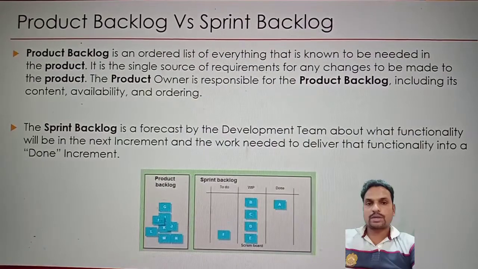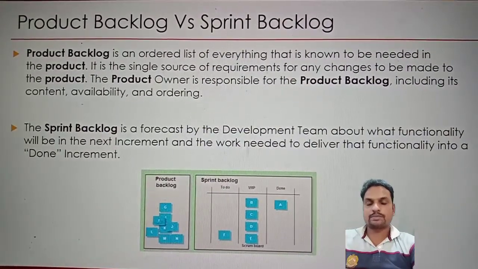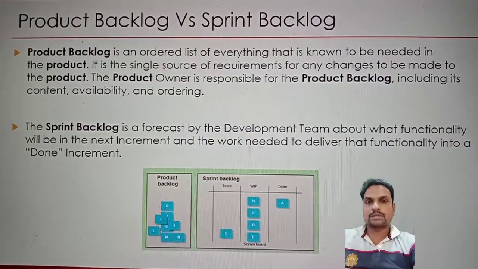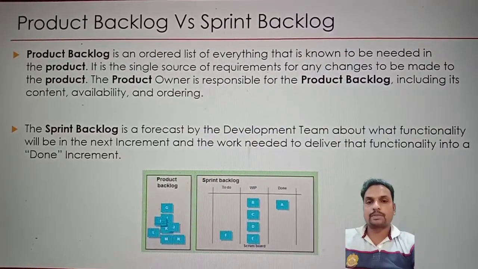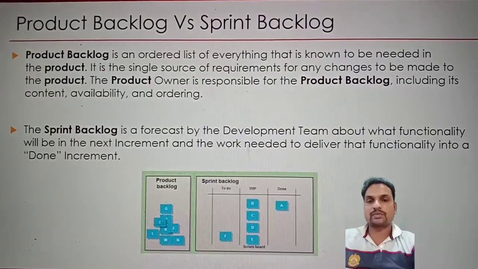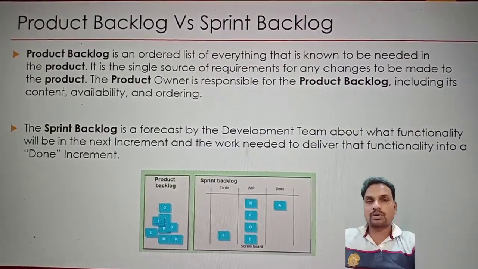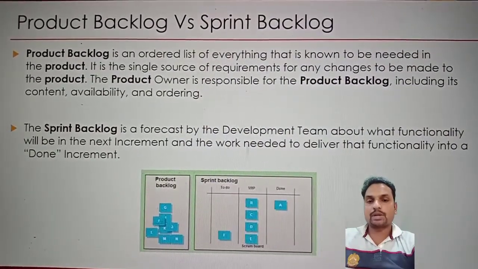The most common question you will observe in your interviews as well as in different certification exams is about the product backlog and sprint backlog. Either they will ask what is a product backlog or sprint backlog, or the difference between them. The product backlog, as we discussed, is a wish list of a particular project. It's a combination of all items which need to be delivered in a particular software.